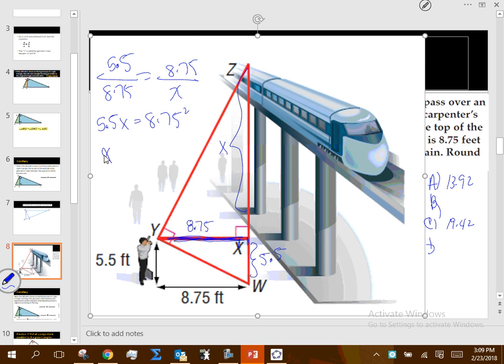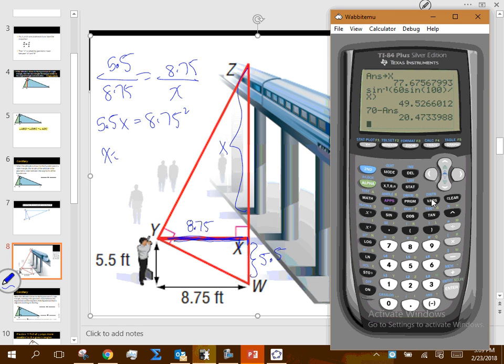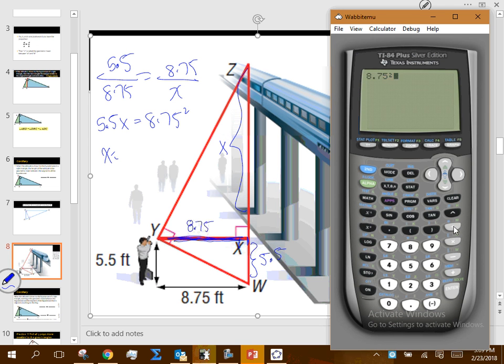We solve that by taking 8.75 squared and dividing by 5.5, which gives me x to be 13.92.